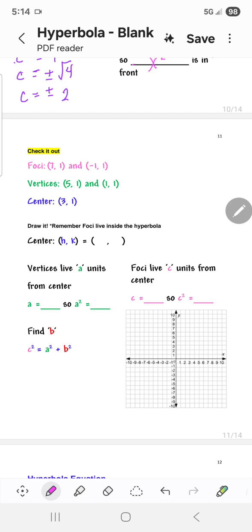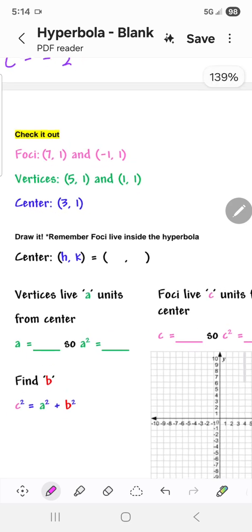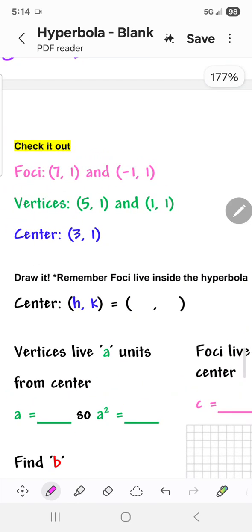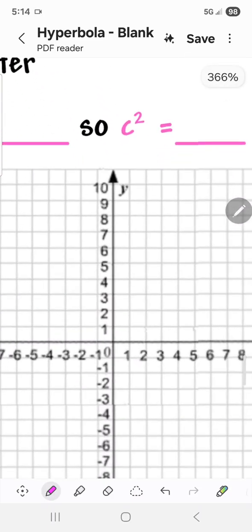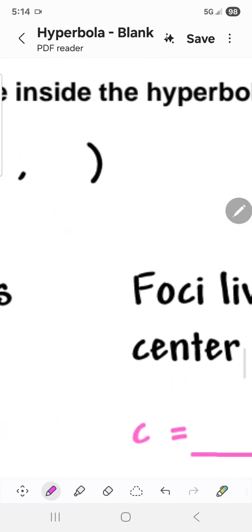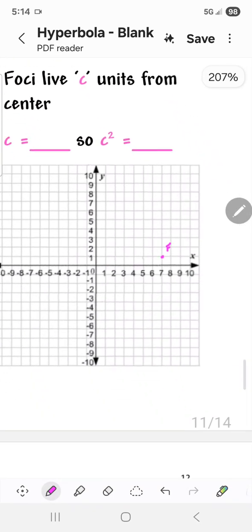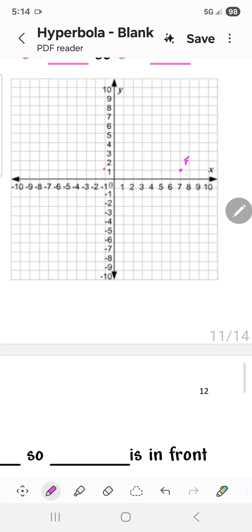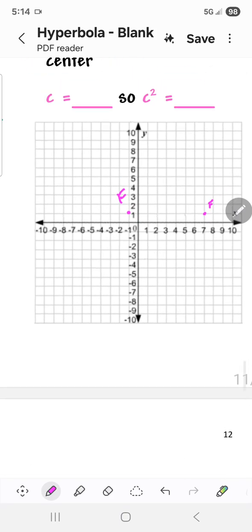Let's take a look at another one. Here, lots of values. Again, when in doubt, draw it out. We have foci located at (7, 1) and at (-1, 1). So there's my other foci.